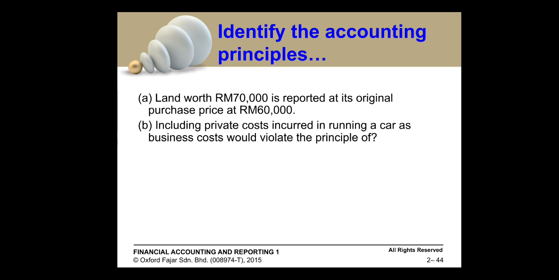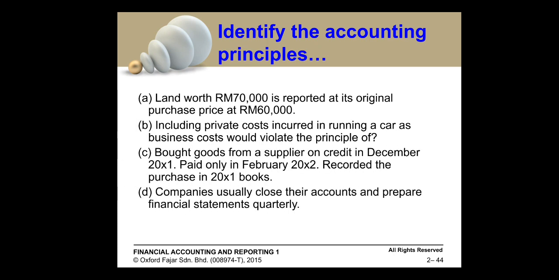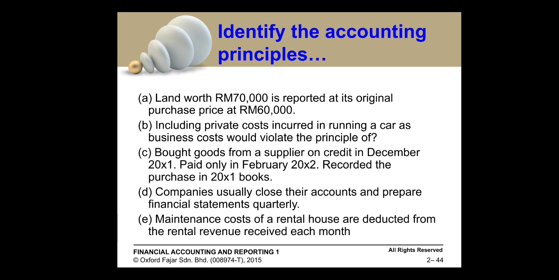Okay, see here there are several examples of situations, and let's see if you can identify the principles that are relevant for each situation. So A, land worth 70,000 is reported at its original purchase price of 60,000 in the financial statement. So what do you think? Okay, this is related to the value of an asset.